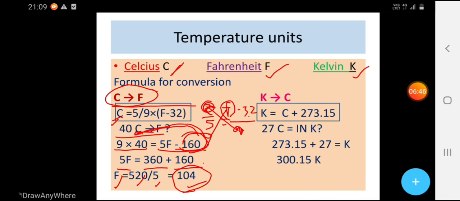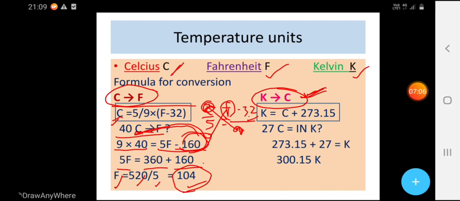Now next is Kelvin to Celsius or Celsius to Kelvin. One formula can be used for any conversion, Celsius to Kelvin or Kelvin to Celsius. So this formula is K is equal to C plus 273.15.